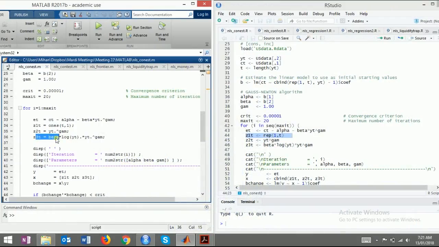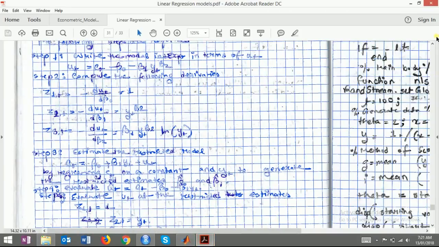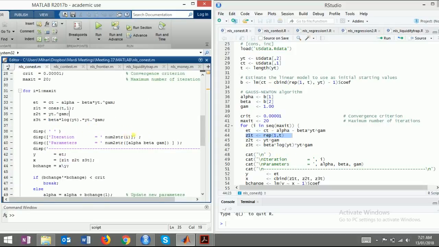So beta log of yt, beta is coming in place of beta 1, so alpha is beta naught, beta is beta 1, gamma is beta 2, beta into log of yt into yt gamma. That's how it is, very simple. So next we are representing z1t, z2t and z3t.